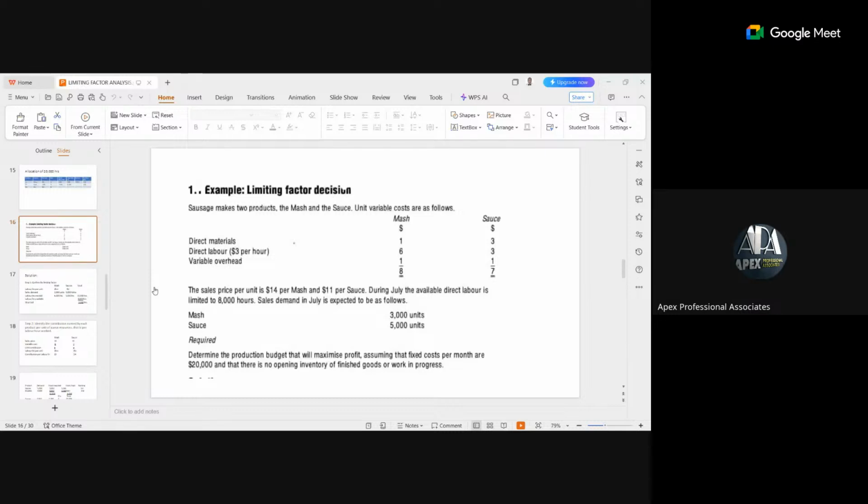So I forwarded 2 questions to the platform. One is just to refresh us on the basic things we need to know about limiting factor. The other question I got deals from an ACCA pack.